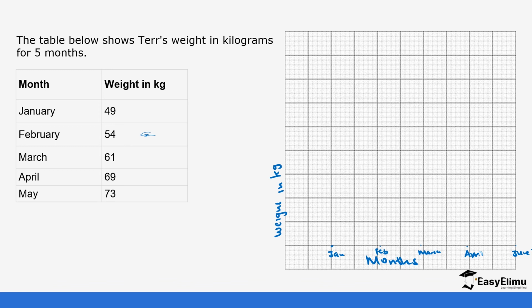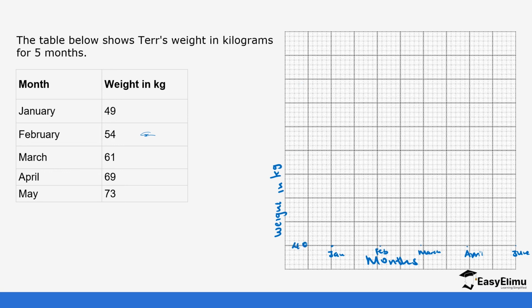And then we need the weight in kilograms, and the highest weight we have is 73. So we can start with 40, 45, 50, 55, 60, 65, 70, 75, with 1 centimeter representing 5 kilograms.